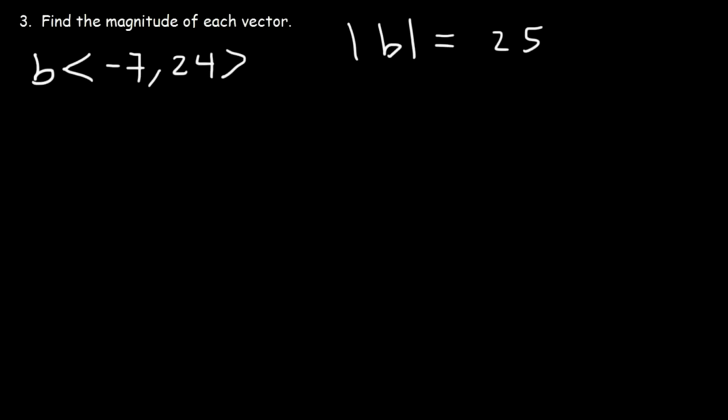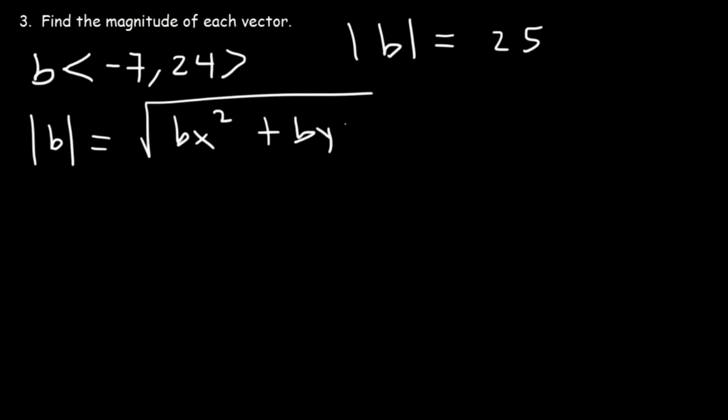And let's graph it relative to the origin. So the magnitude of vector b is going to be the square root of bx squared plus by squared. And we can see that -7 is the x component, 24 is the y component.